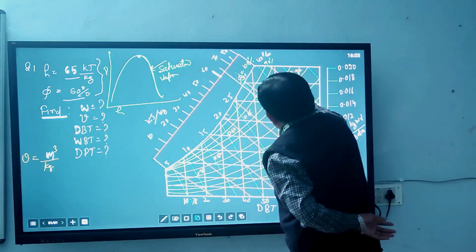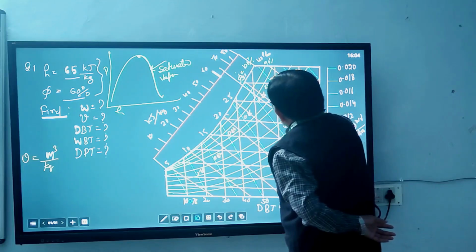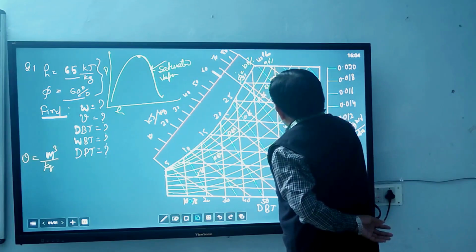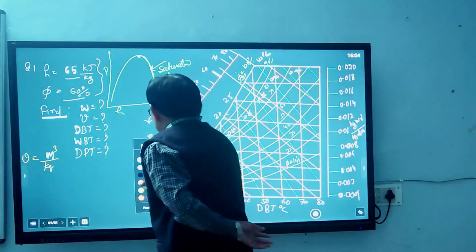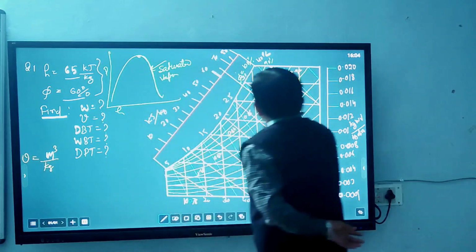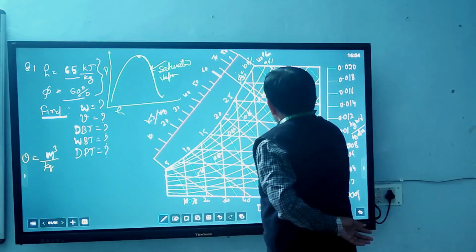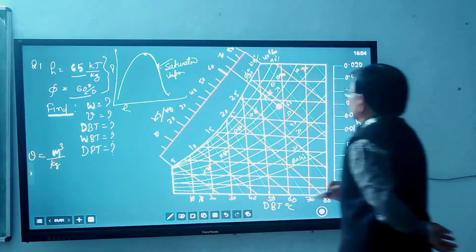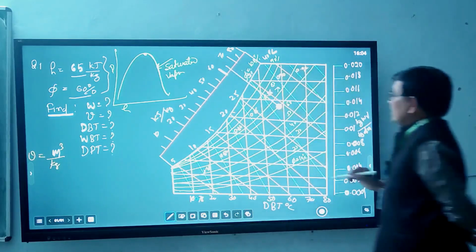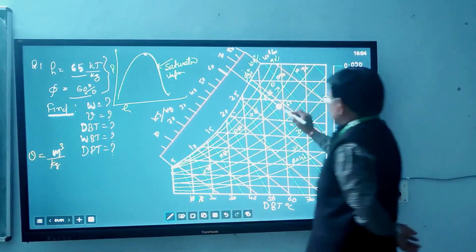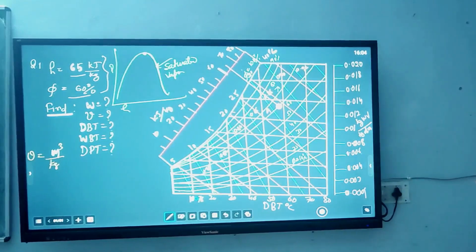Parallel to the wet bulb, now cutting at this point. You see this point. Now let us define this point where we cut here. So this is the required point. According to this point, we have to find out all values. This one is 60% relative humidity and 65 is enthalpy, and we got the intersection point. So this point is A. On the basis of that point you can find out all values.